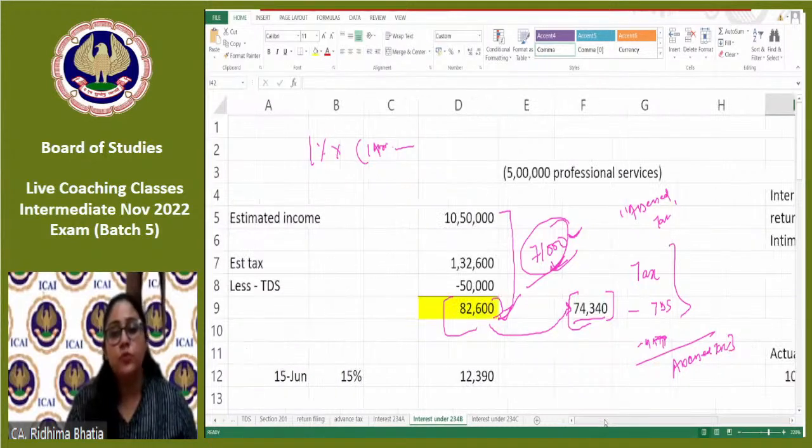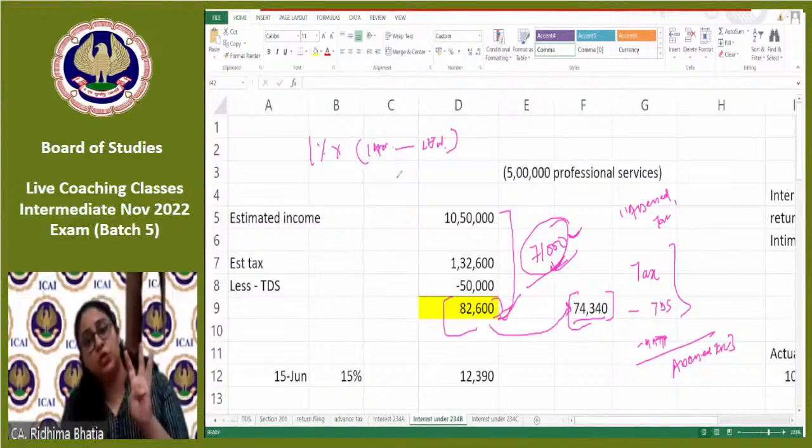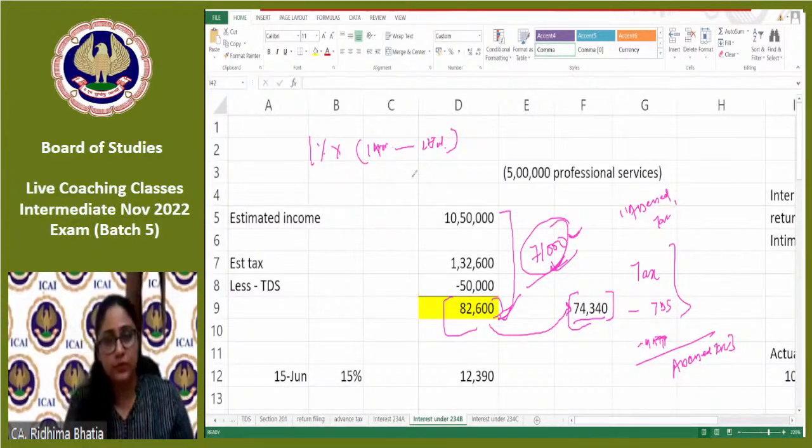So let us assume this person has deposited the remaining tax on 27 July 2021. So how would I calculate the interest? First of all, 1% per month or part of the month. How many months would come? April, May, June, July. 4 months. Correct? किसी को यहाँ तक कोई doubt?